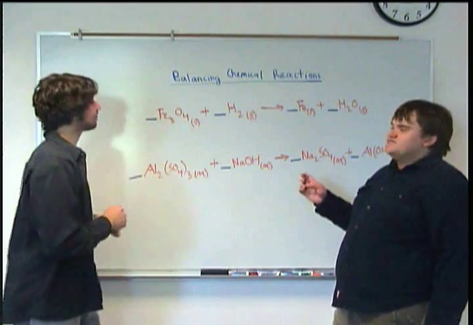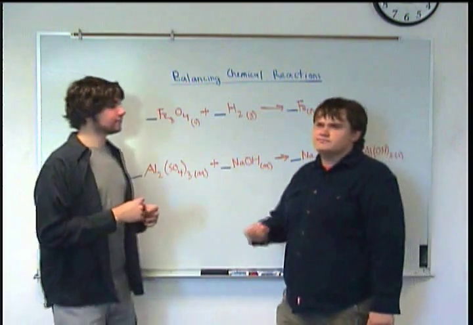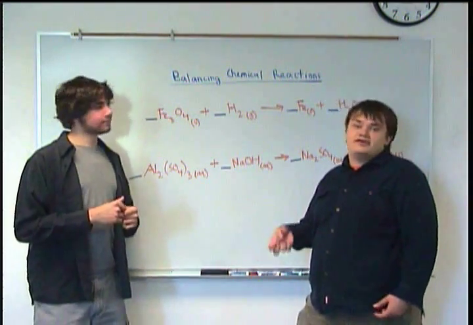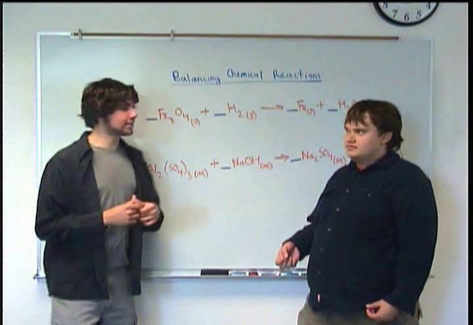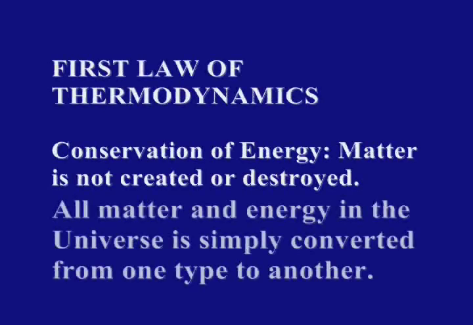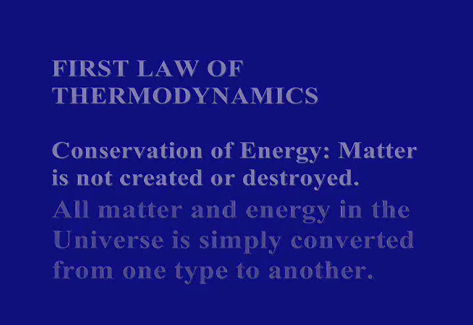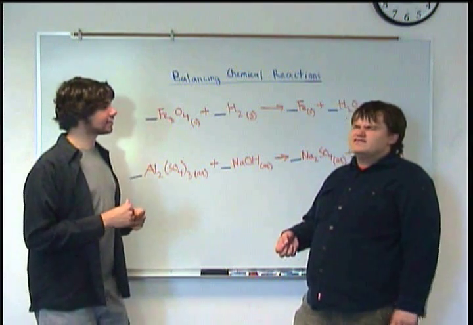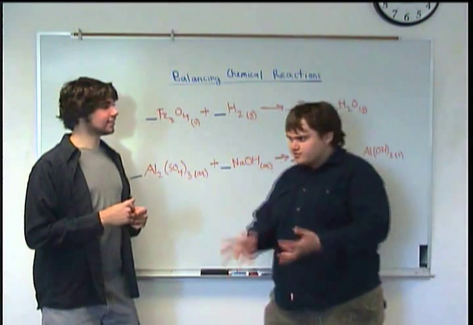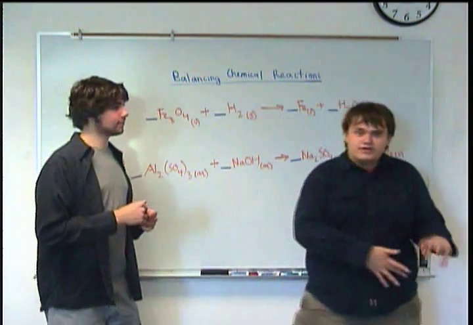So, balancing. If I recall correctly, there's something called the second law of thermodynamics. That's right, there absolutely is. Okay, and if I remember correctly, that says that matter can't be created or destroyed, right?